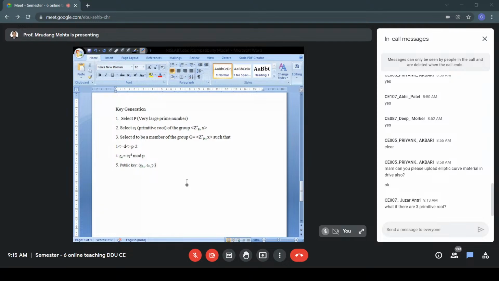So this is our fifth step, and the private key is equal to D.